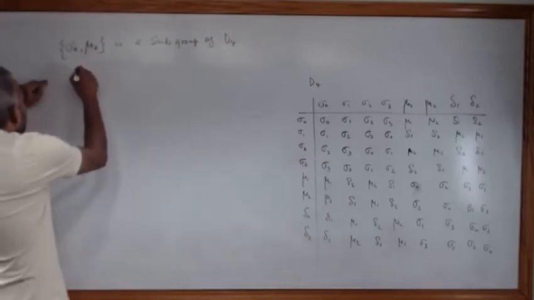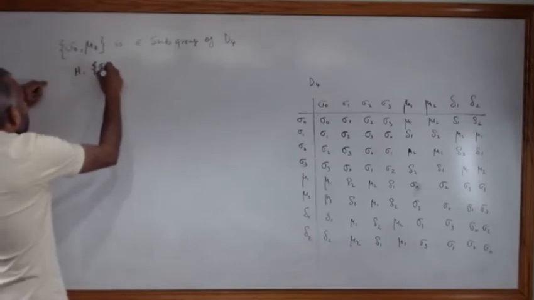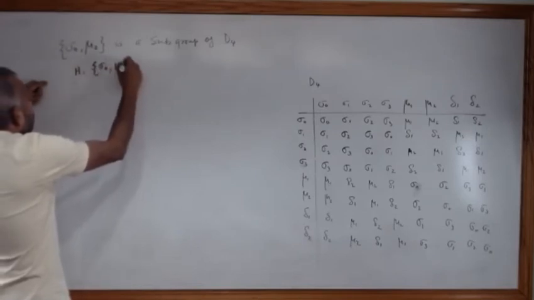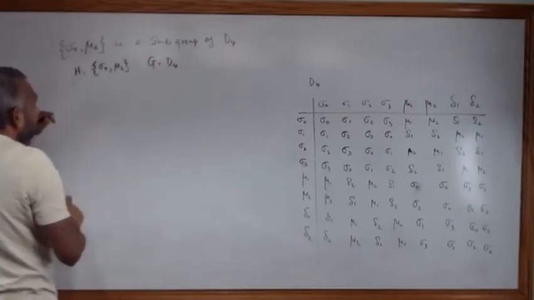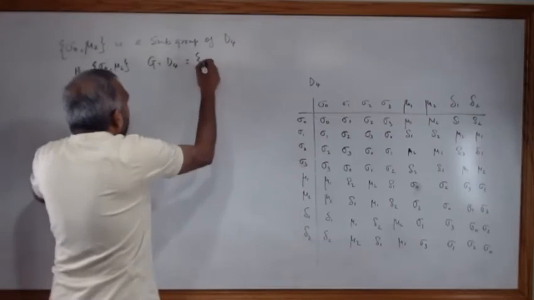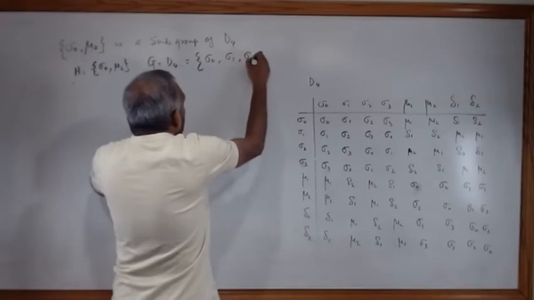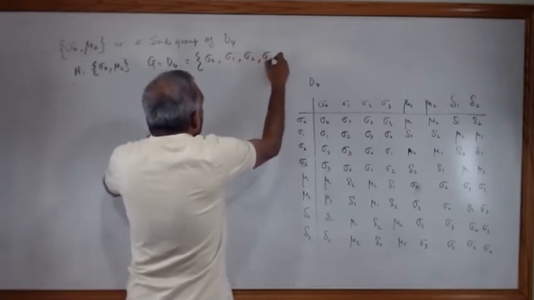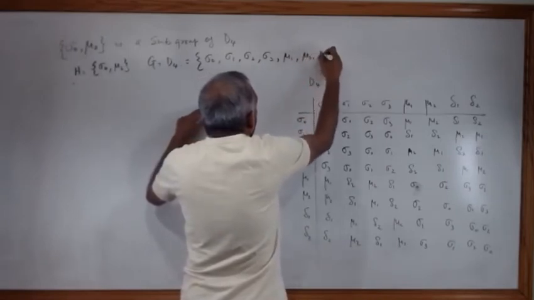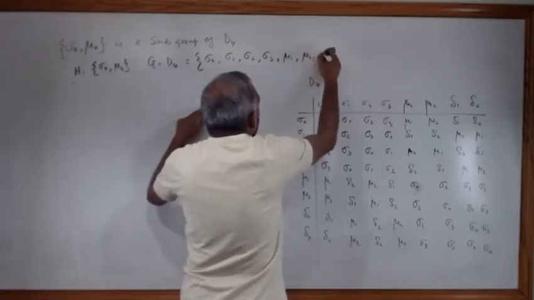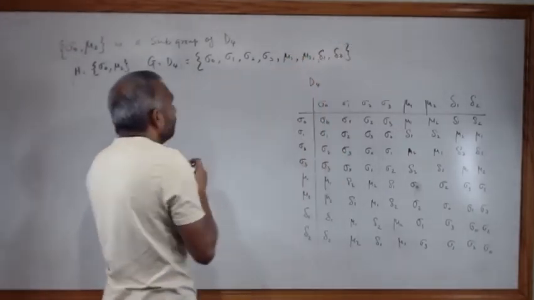So our H is sigma 0, mu 2 and our G is D4. And D4 contains sigma 0, sigma 1, sigma 2, sigma 3, mu 1, mu 2, delta 1 and delta 2. 8 elements.